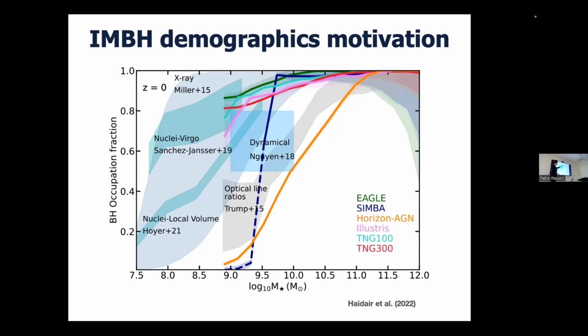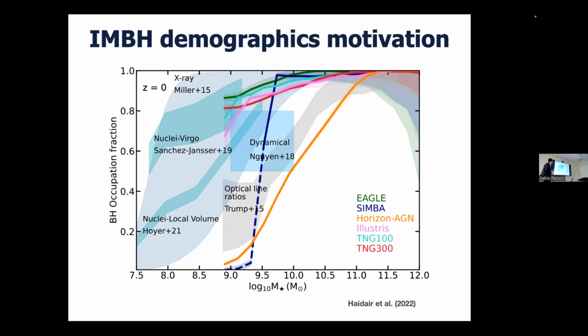And so what you see is that while they all sort of agree with the observations that we think that pretty much every massive galaxy has a supermassive black hole in its center, whether or not it's active is a different thing. But we believe they all have supermassive black holes there. But for the dwarf galaxies, like 10 to the 10 solar masses or smaller, you get wildly different results because there are different prescriptions for the seeding physics in these simulations, and different modes for how the host galaxy feedback and the black hole growth occur.